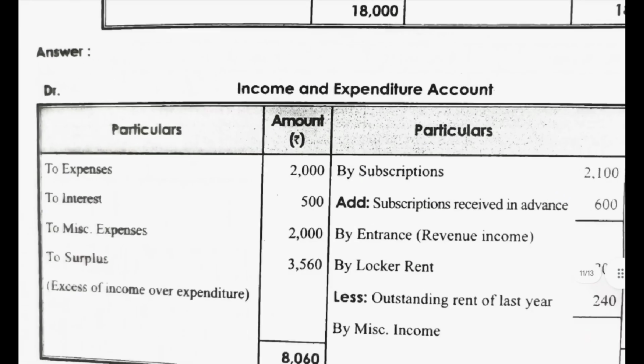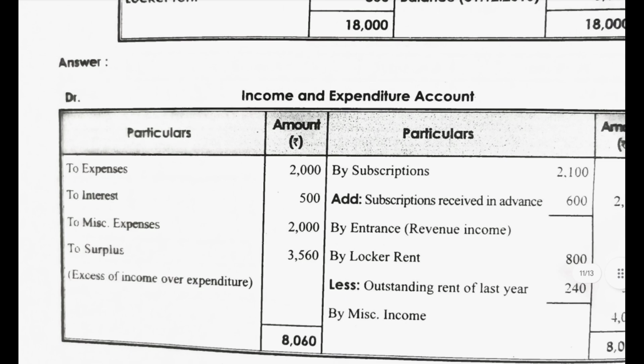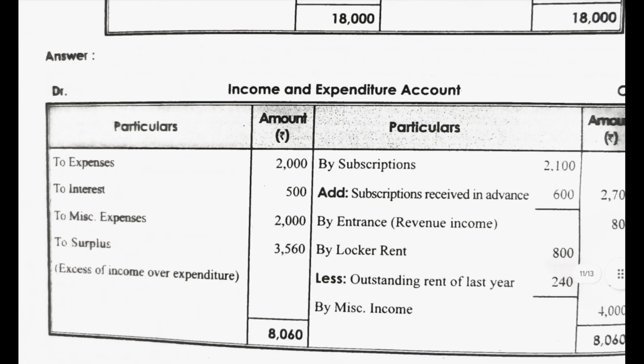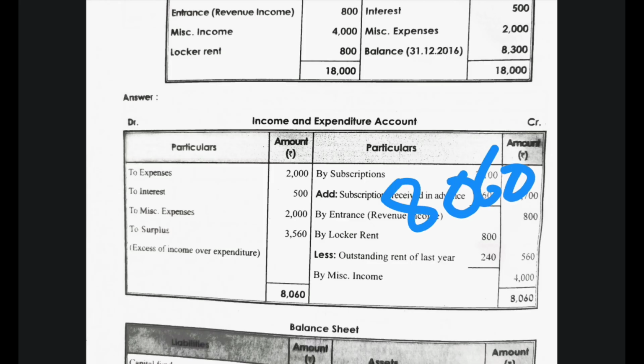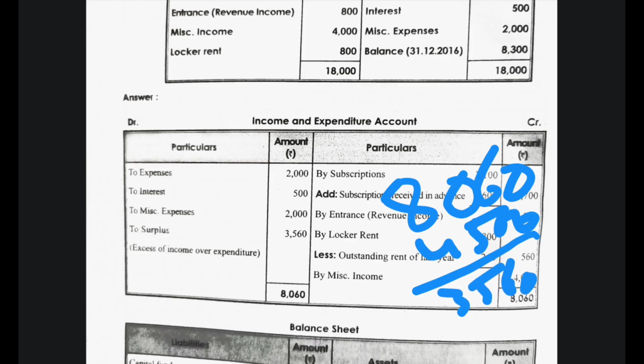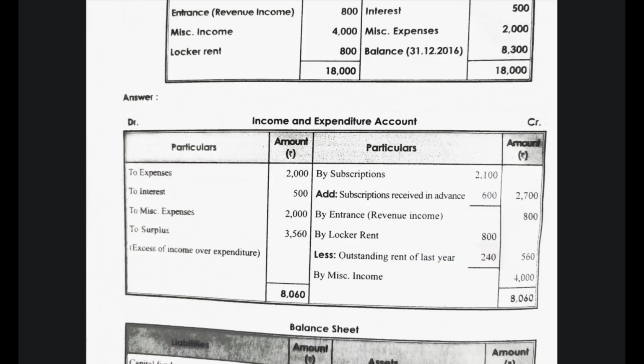So those two expenses we have taken. Now from this total 8060 we have to deduct these three totals, 4500 we have to deduct. Then we will get 3560 as a surplus. So this is the income and expenditure account.